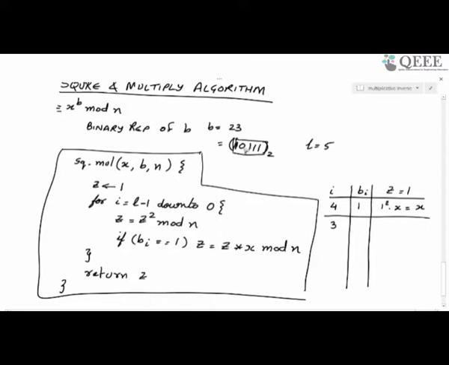Next iteration, I reduces by 1, so it becomes 3. Look at the corresponding bit over here, that is 0, and what you are doing is taking z and squaring it. So z has a value of x, so you're squaring it, and you're not doing anything else because you're not entering this if, since the value of bi is not equal to 1 and this if will fail.